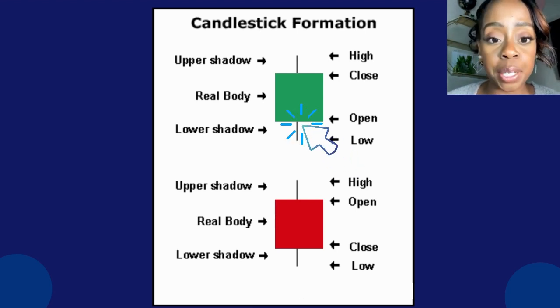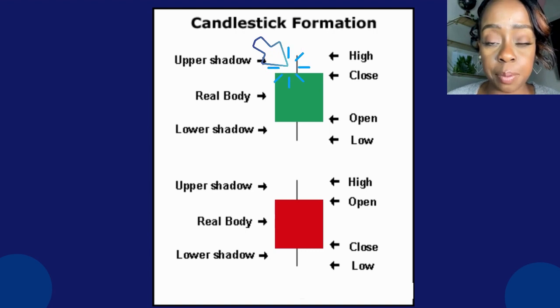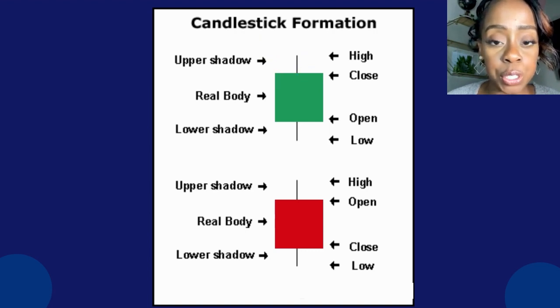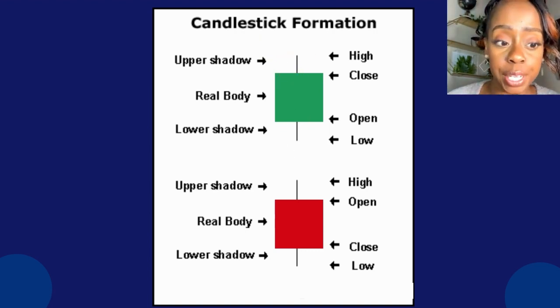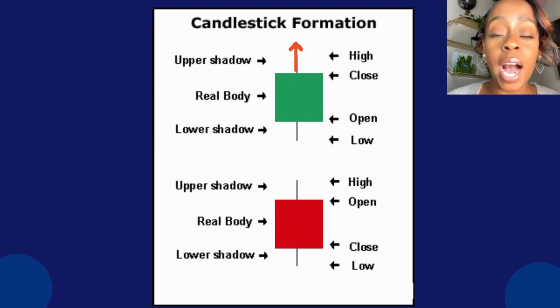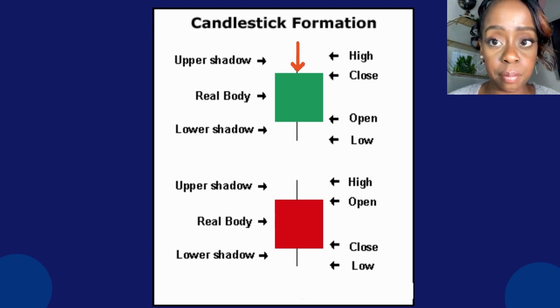It opens at the bottom, closes at the top. Where you see shadows, we also call these wicks. Where the wick pushed up is how high the market went for that time frame, but it wasn't strong enough to push and stay in that area. So it fell down and closed there.